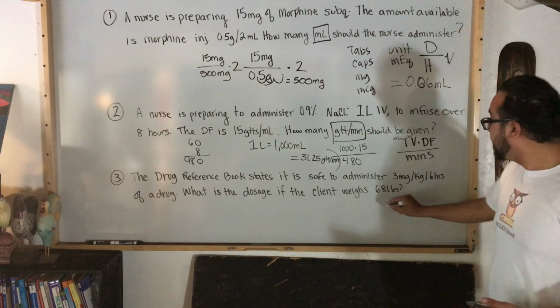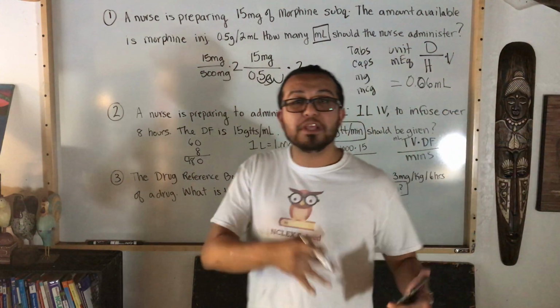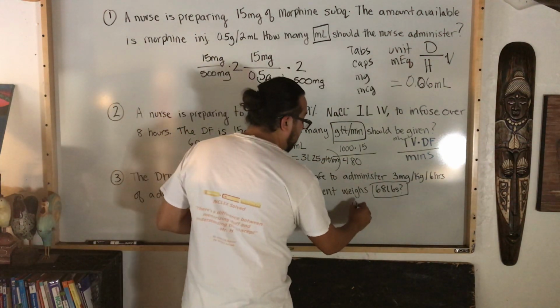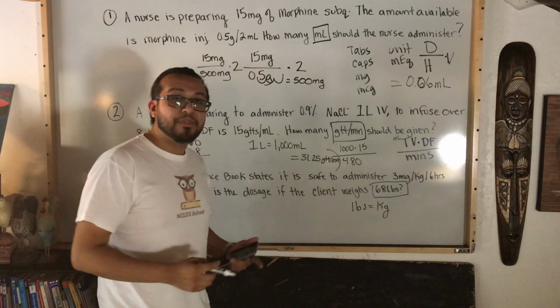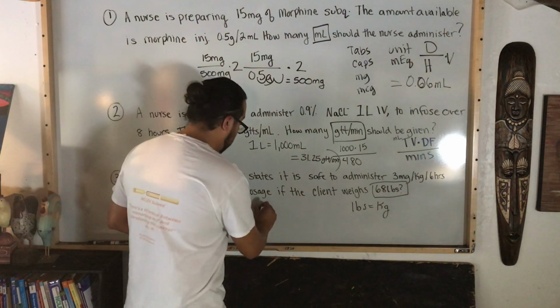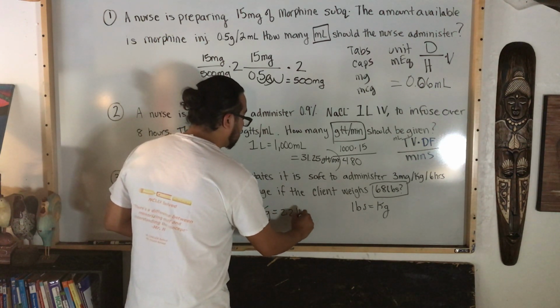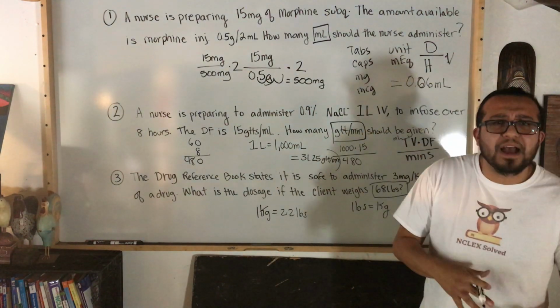Now notice that they're giving you pounds here. The first thing you want to do when it comes to milligrams per kilogram questions is you convert the pounds into kilograms. And we should all know that 1 kilogram equals 2.2 pounds. A lot of students get confused as to, well, how do I know if I divide or I multiply?